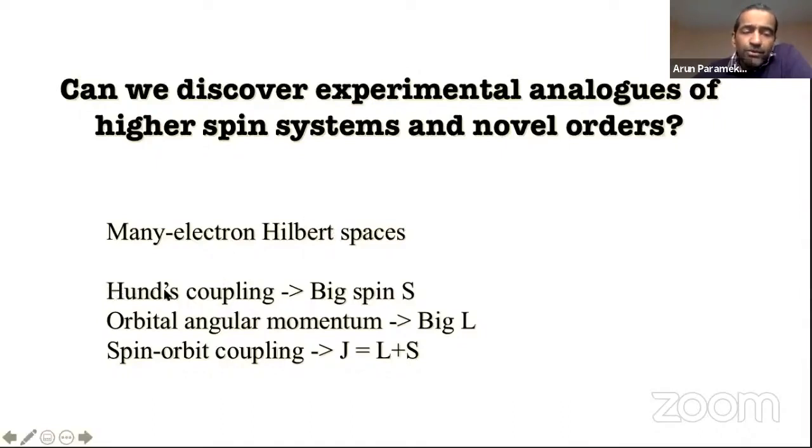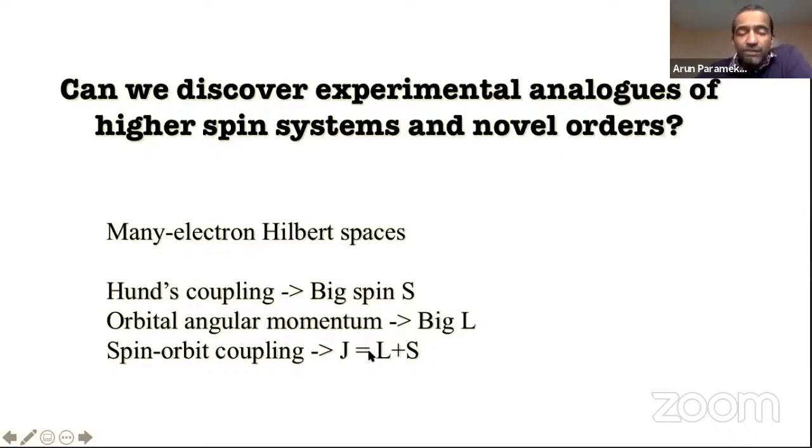So what we know already is that one way you're going to get higher spin is that at the microscopic scale you have some kind of Hund's coupling between the electronic spins that can give rise to a large spin angular momentum. In general, if the system has orbital angular momentum, you can also get a large orbital angular momentum because of Hund's rule, and the spin-orbit coupling will couple them.